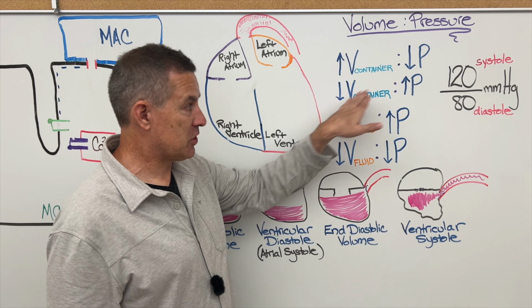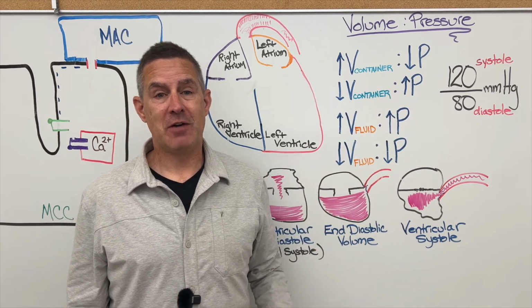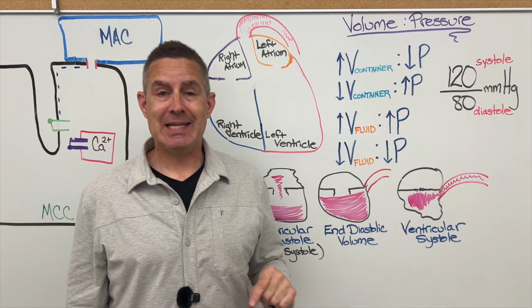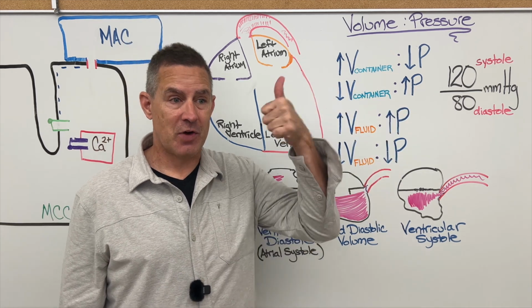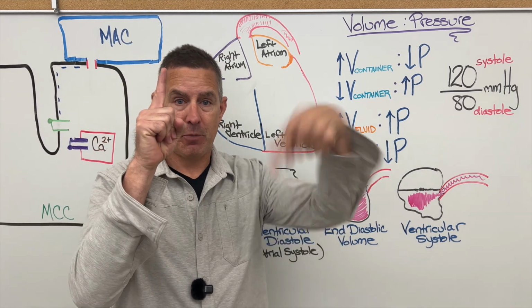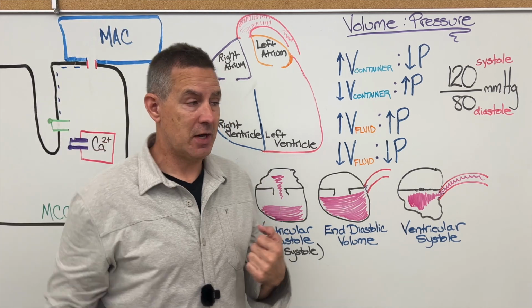As the volume gets smaller, pressure increases. So when we're talking about the volume of a container, the relationship between volume and pressure is inverse. That is to say, as volume goes up, pressure goes down. And as volume goes down, pressure goes up.